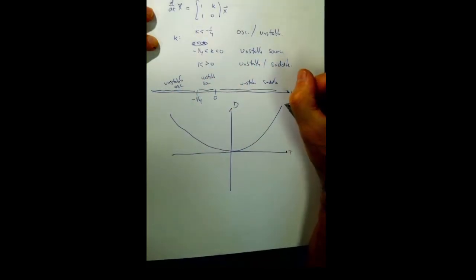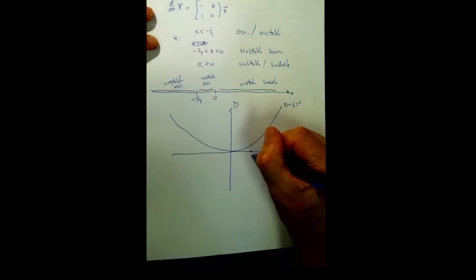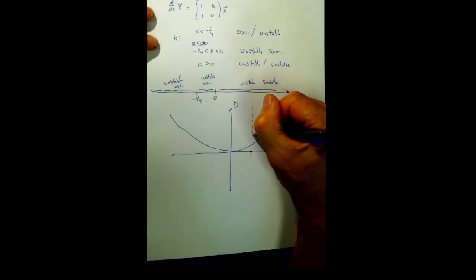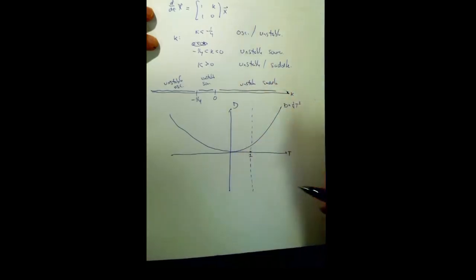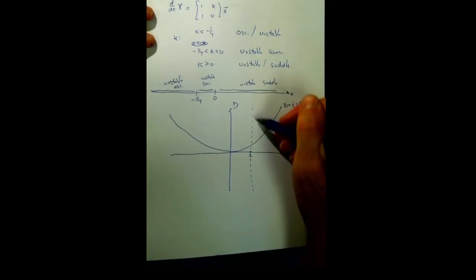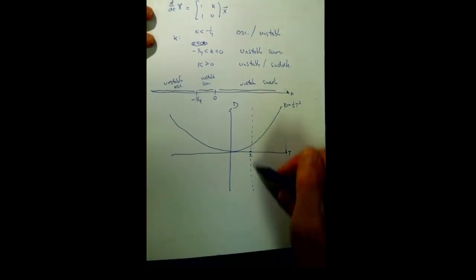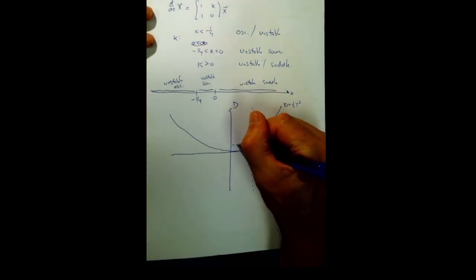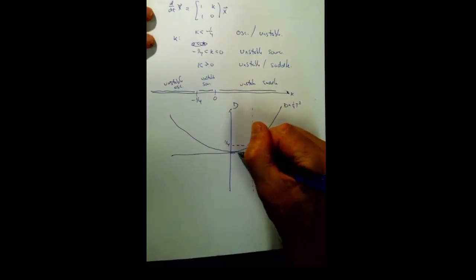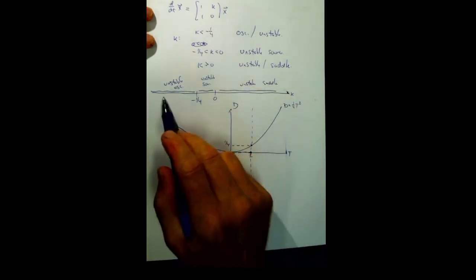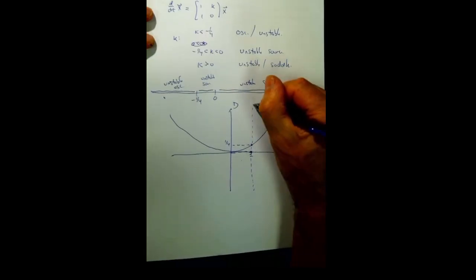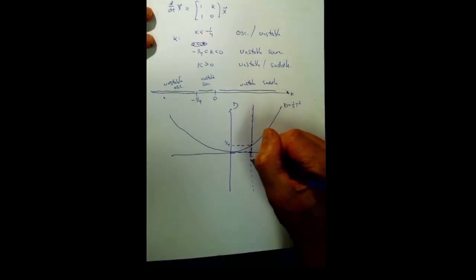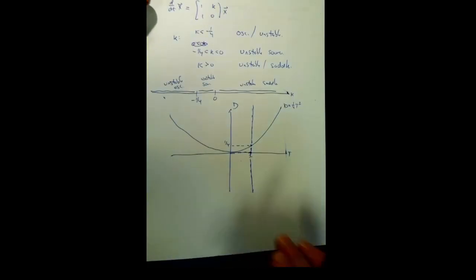So this was d equals 1/4 t squared, and t was equal to 1. And as k changes, you're going to be moving onto different points along this vertical line. This cutoff was at -1/4, and this cutoff was at 0. So these different regions correspond to this region and that region.